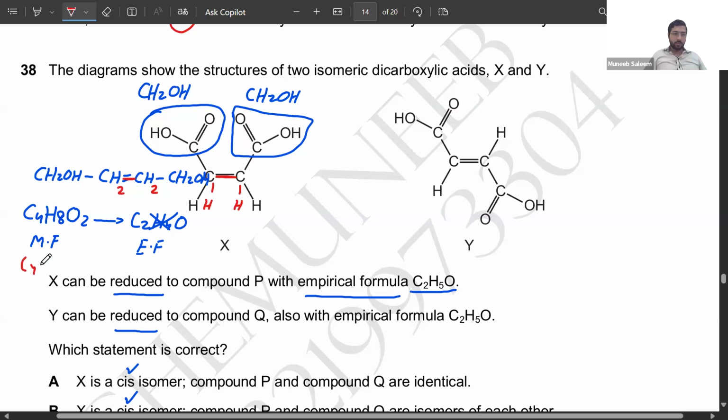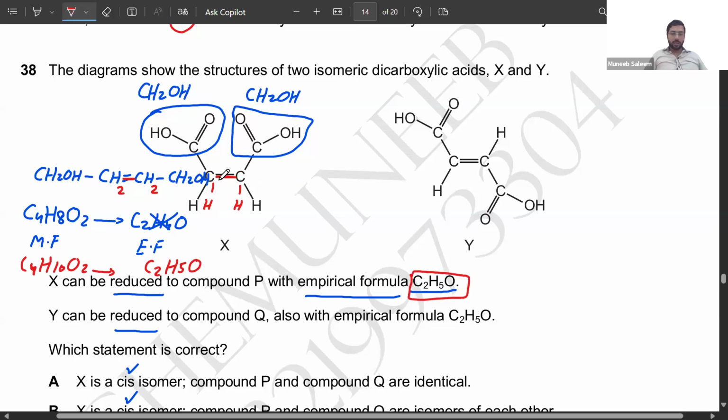So it should become C4H10O2. The rest will remain the same because carbon and oxygen atoms are not changed. Now, the empirical formula of this, if we divide by 2, you get C2H5O. So C2H5O is formed, which matches with this formula C2H5O.